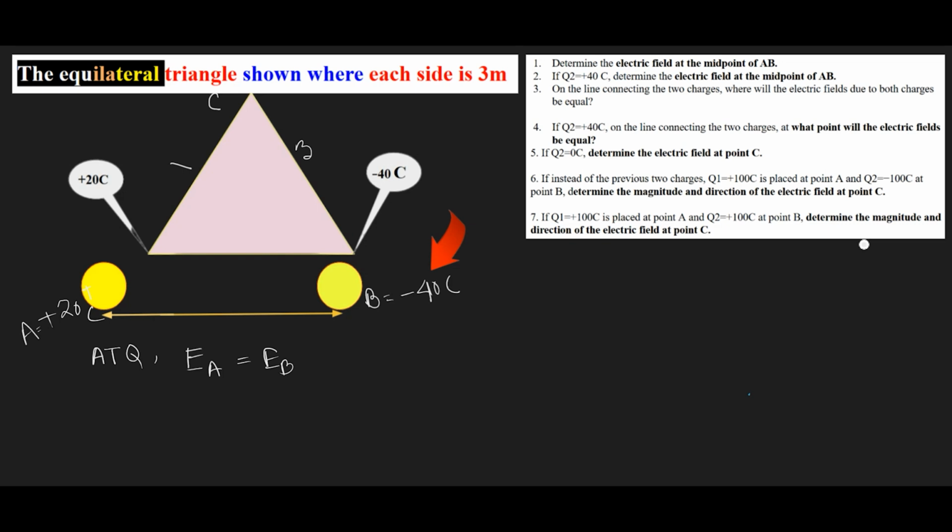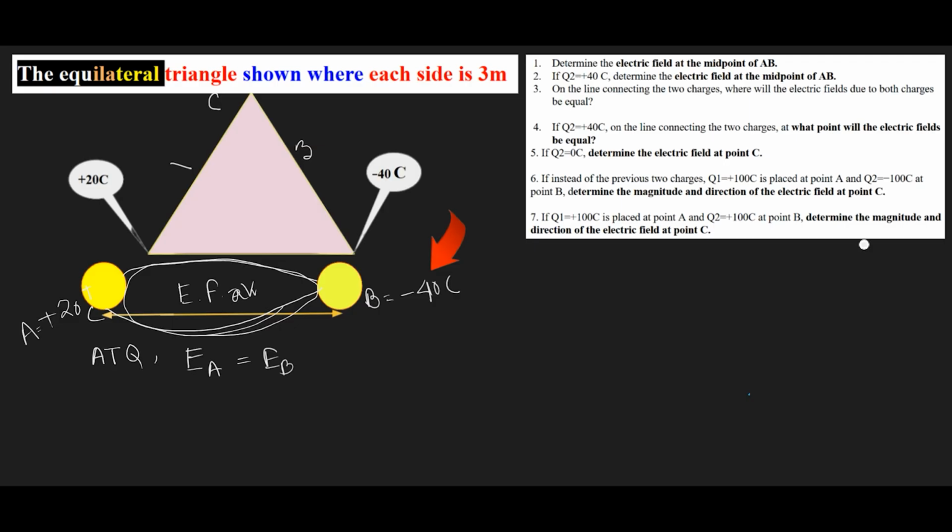Let's find out. As A point charge is positive, B point charge is negative, it means in between these two charges, obviously electric field will be available.